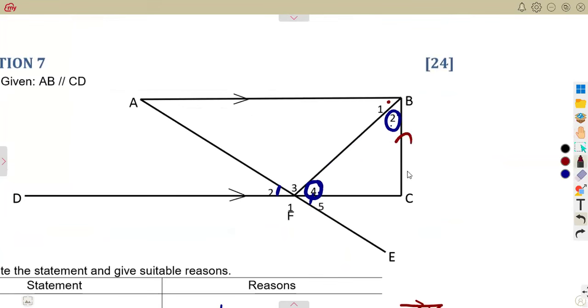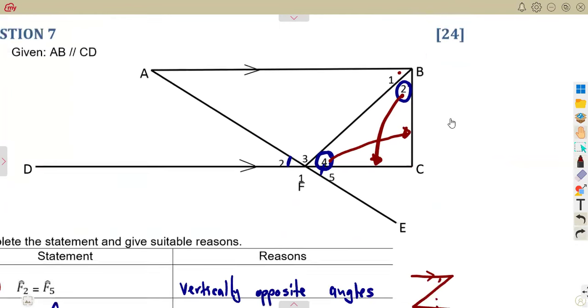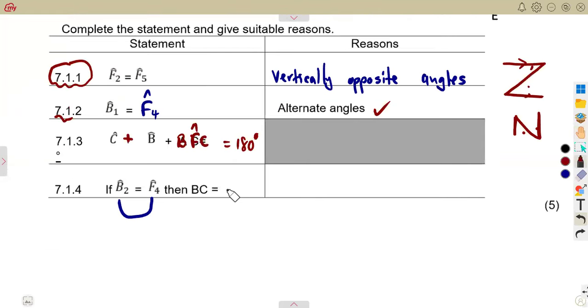Remember that if these two angles are equal, the sides opposite these angles must be equal. So BC must be equal to FC, from F to C. So BC is supposed to be equal to FC.